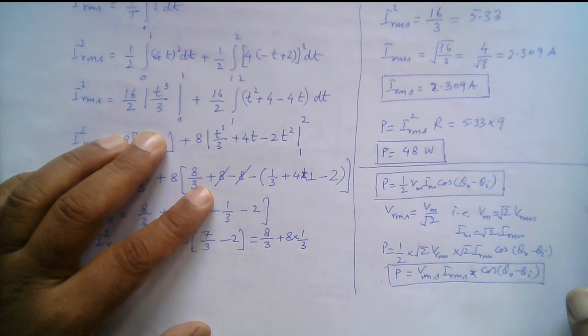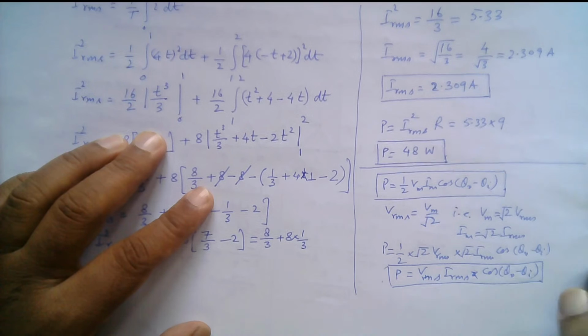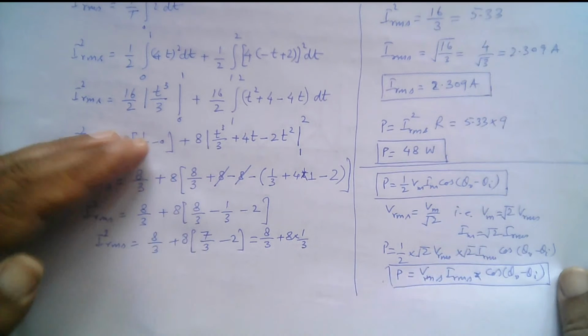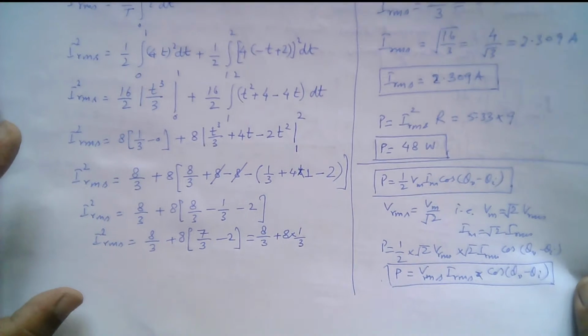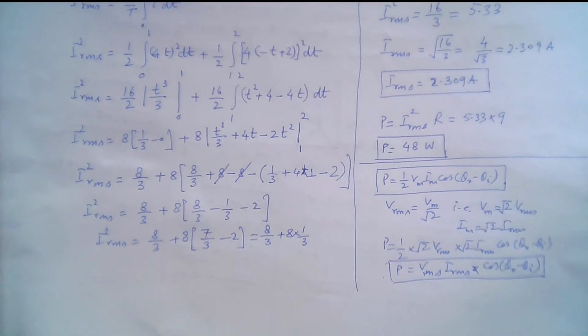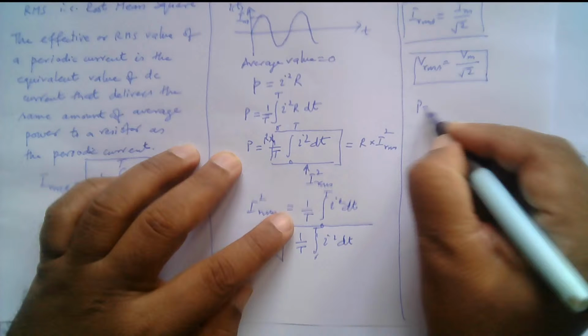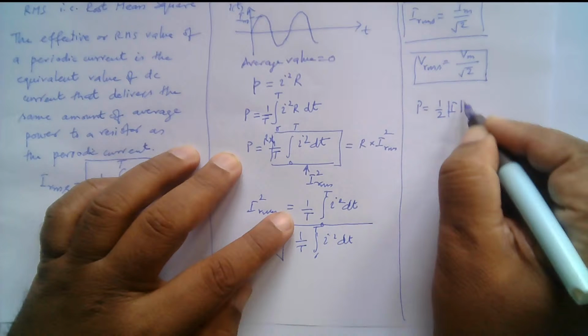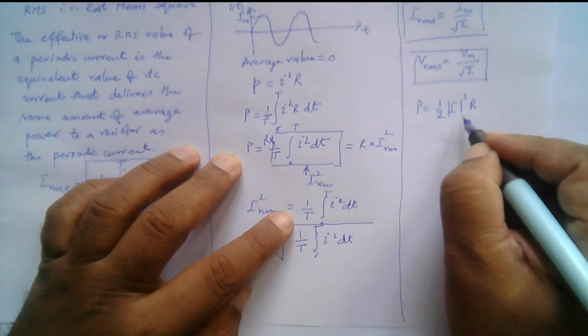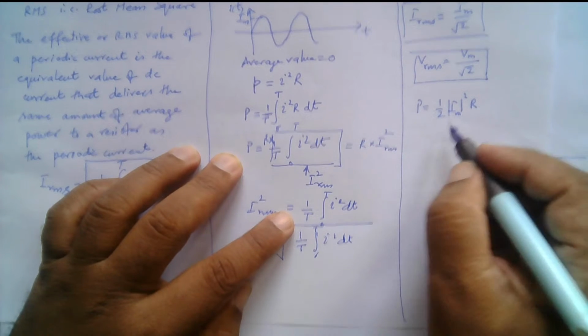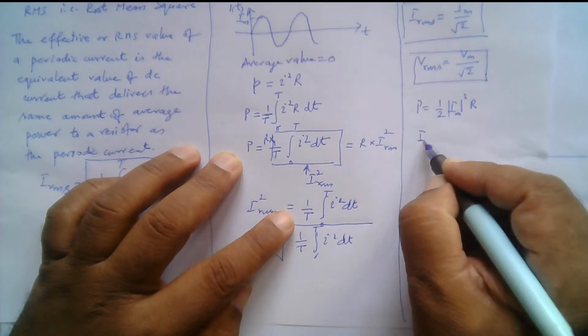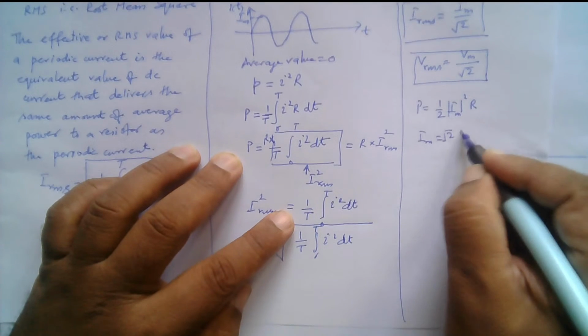Similarly, the average power absorbed by a resistor is given by 1 by 2 the square of the absolute value of I multiplied by R. This was the peak value. So again, this peak value is equal to square root of 2 times the RMS value.